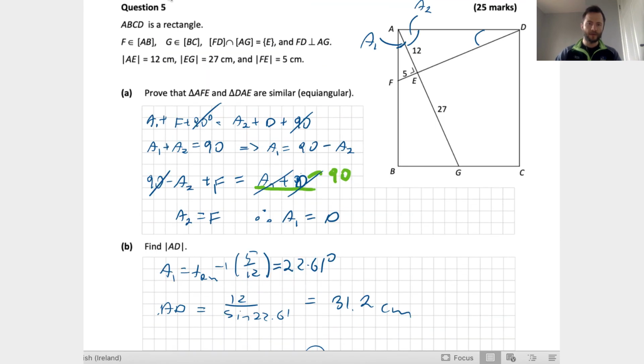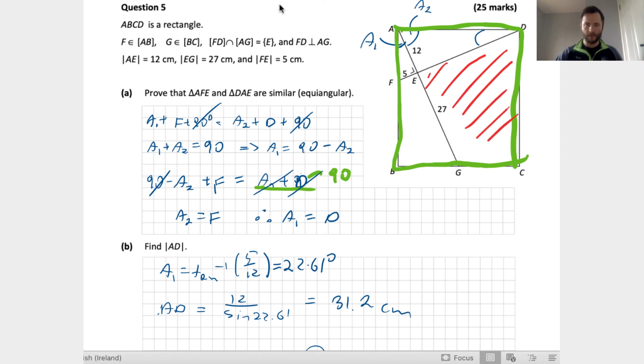The reason for all those calculations is as follows. I found the area of the big rectangle, and to find the area of the shaded quadrilateral, I'm going to subtract the area of triangle ADE, so this triangle here. I'm going to get rid of that area, and then finally I'm going to get rid of the area of this triangle here as well.